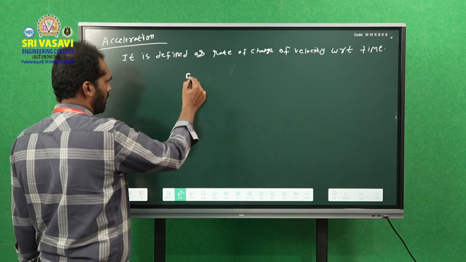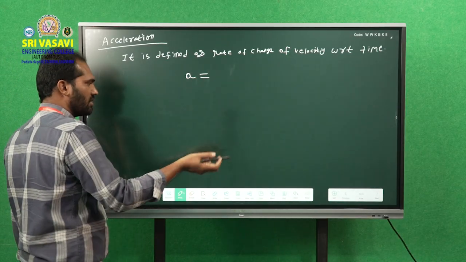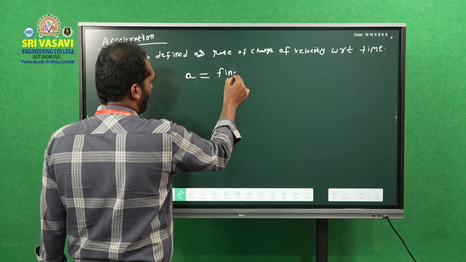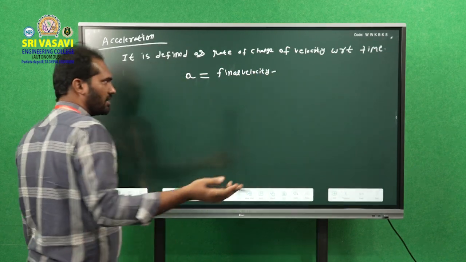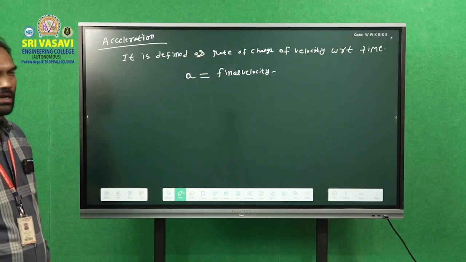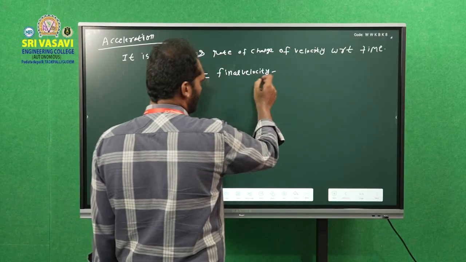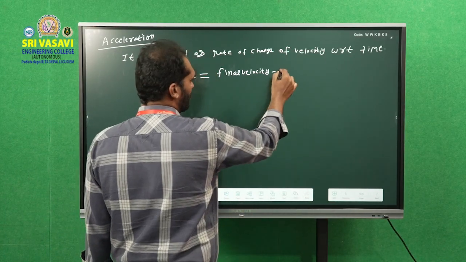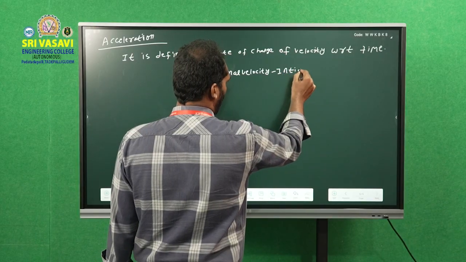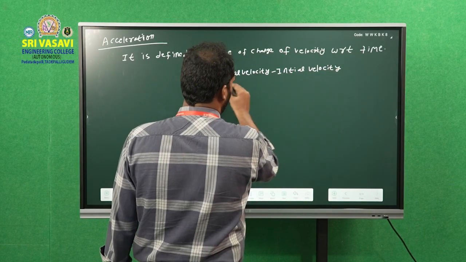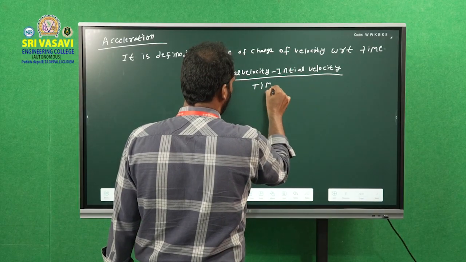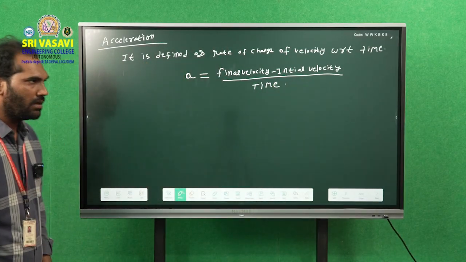It is denoted by small a, which is final velocity minus initial velocity by time. Rate of change means differentiation, so it is nothing but subtraction.